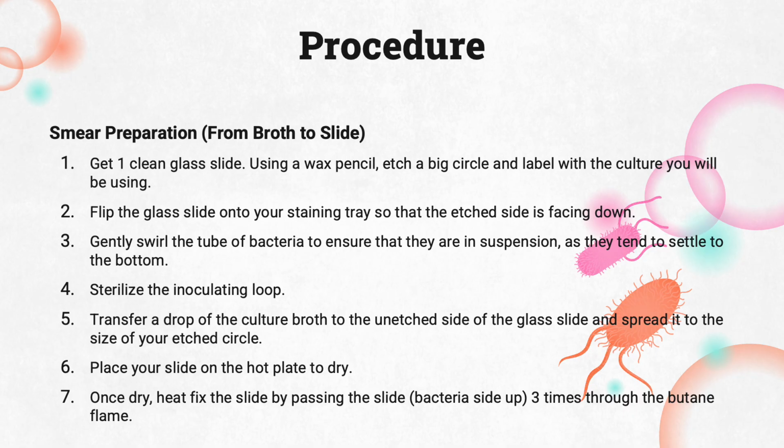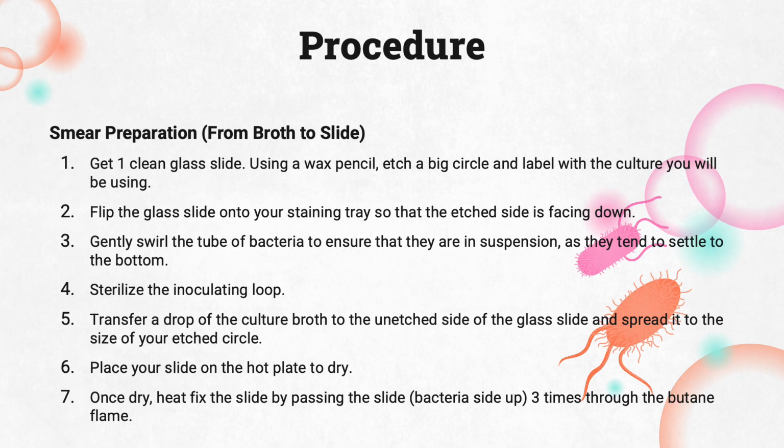Before each stain, we had to do smear preparation. From broth to slide, we had to get one clean slide, use the wax pencil to etch a big circle and label it with the culture that we would be using. We then flipped the glass slide onto our staining tray so that the etched side is facing down. We swirled the tube of bacteria to ensure that they are in suspension, as they tend to settle to the bottom.